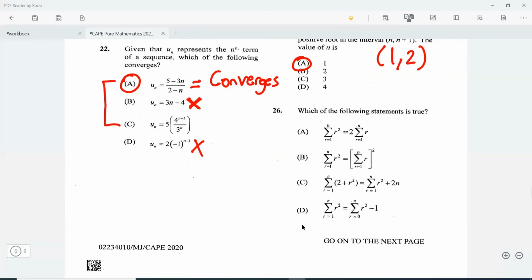Question 26, which of the following is true? Let us see. The sum from one, this one is out. That's out. This one is out. You can't square the sum and get the same thing. Now, let's see this one. The sum from 1. All right, so this is it. All right, this one is true.